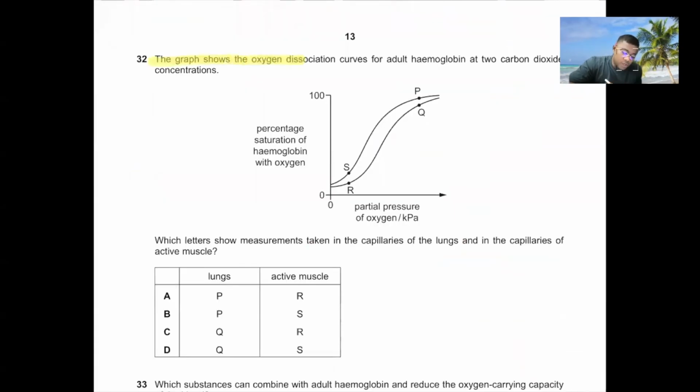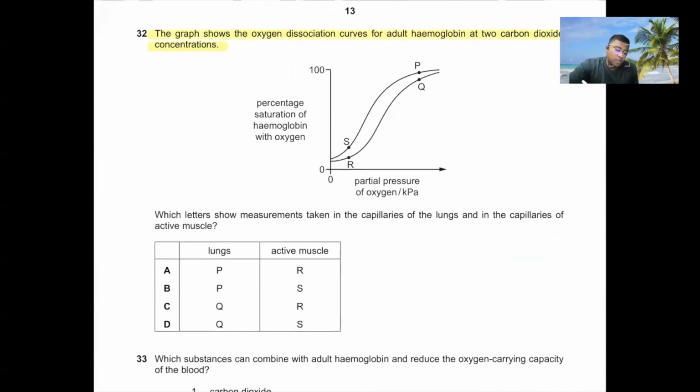The graph shows the oxygen dissociation curves for adult hemoglobin at 2 carbon dioxide concentrations. All right, we can see it too. So obviously the bottom one is at high partial pressure of CO2. All right, and this one is at low partial pressure of CO2. Now which letters show the measurements taken in the capillaries of the lungs and in the capillaries of active muscle?